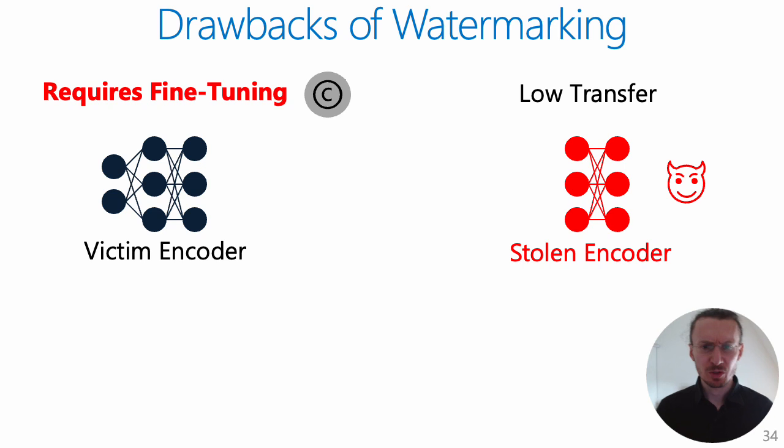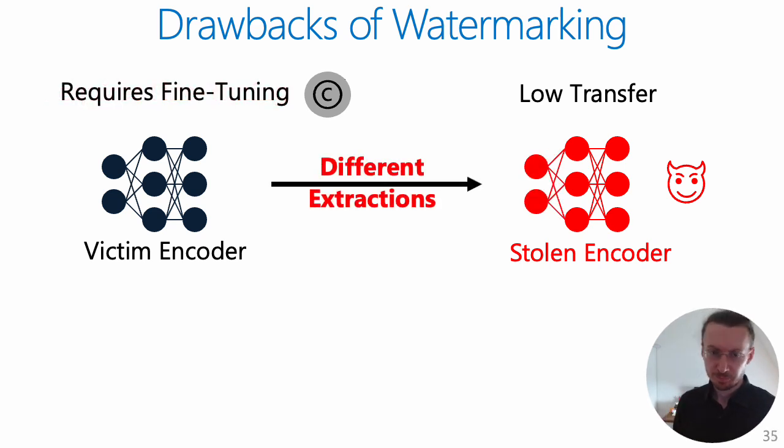However, there are many drawbacks of watermarking. First, watermarking requires retraining or fine-tuning the large encoders, which is a lot of effort. Second, the adaptive attacker can use different extraction methods to lower the transfer of the watermarks from the victim to stolen encoders.